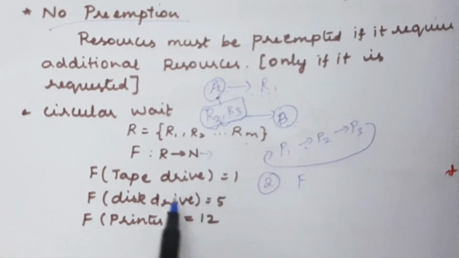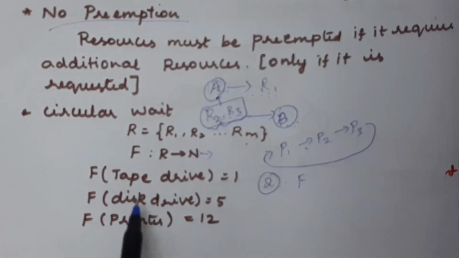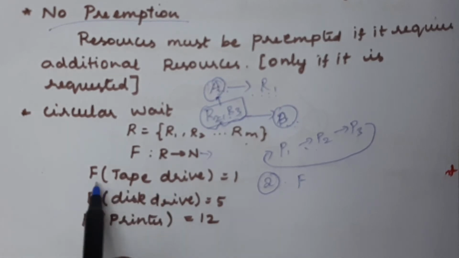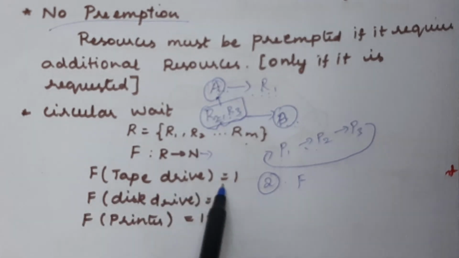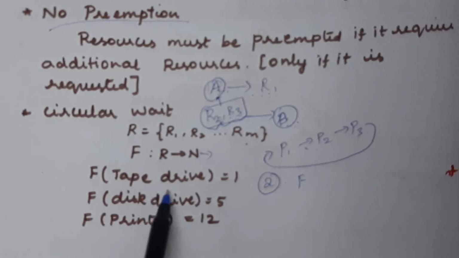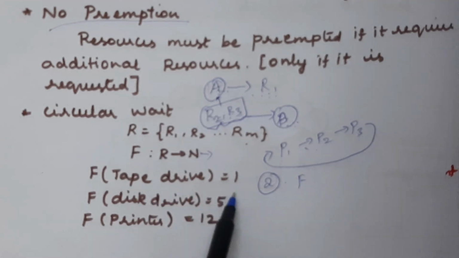So let us see. We have three sets of resources. First one is tape drive, the next one is disk drive, and the next one is printer. So F denotes the number of instances which we have of that same resource type. Here we have only one tape drive, for the disk drive we have 5, and for printer we have 12.